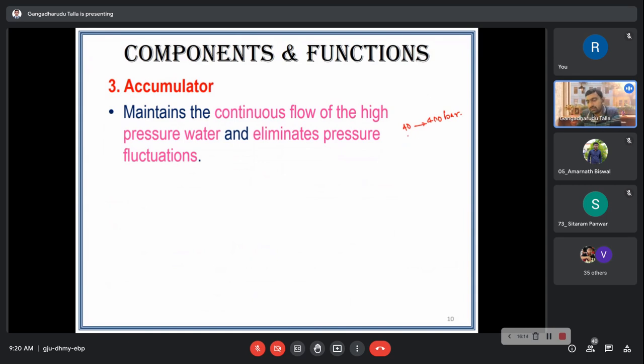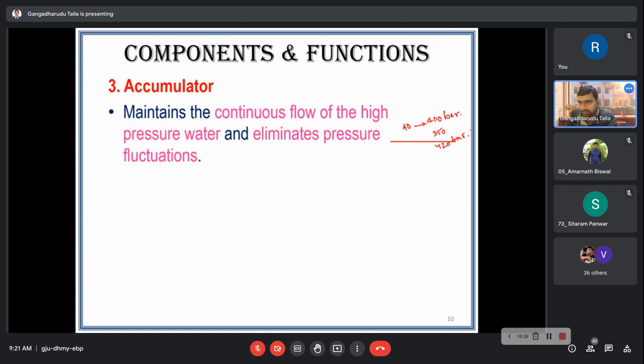Definitely during its functioning there can be some fluctuations, because of change in the power supply. So it will not always be exactly 400 bar. It may be sometimes 350 bar only, sometimes 420 bar, etc., based on the movement of the intensifier.